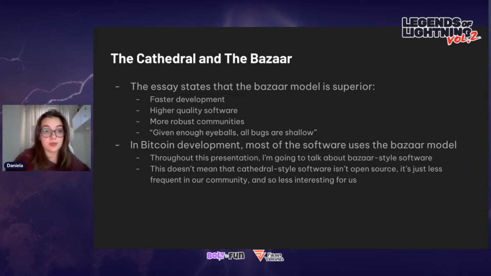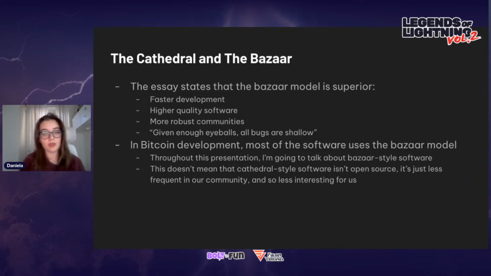So in Bitcoin, most of the software uses the bazaar model. We do have some software using the cathedral model, but I'd say most of it uses the bazaar model, and this is, at least for us right now, a bit more interesting. So every time I'm going to talk about open source, I'm going to talk about bazaar model style software.